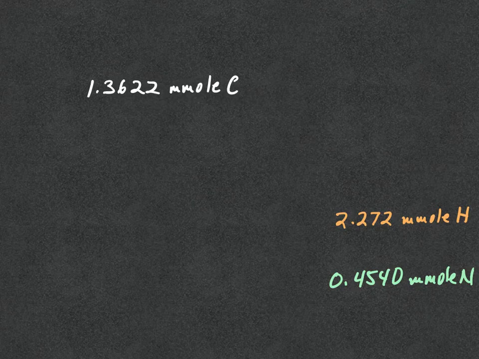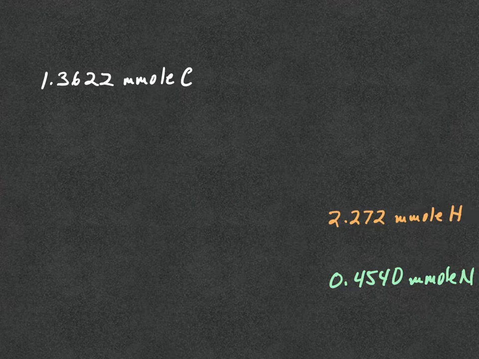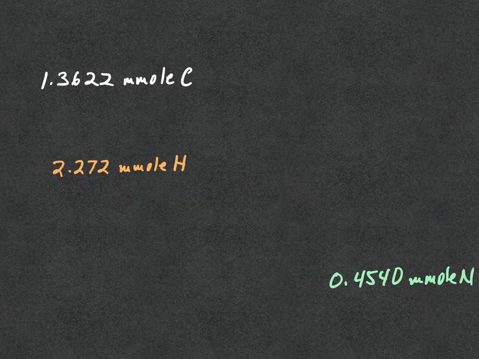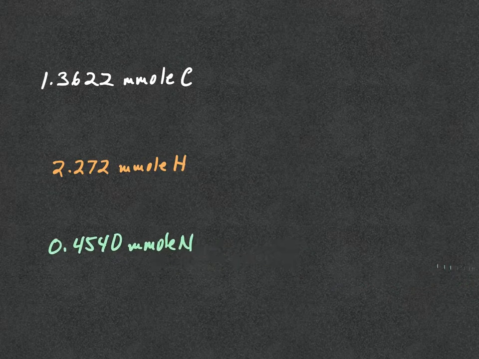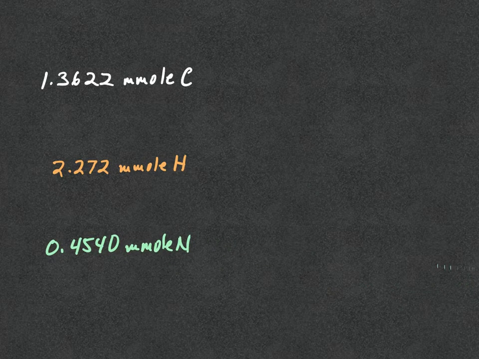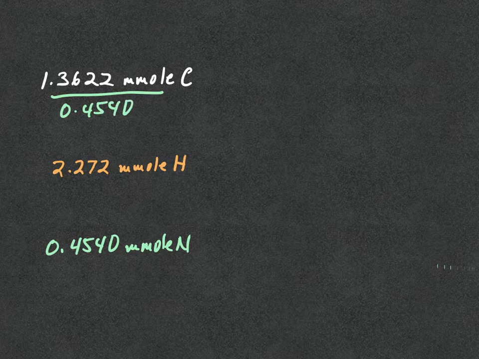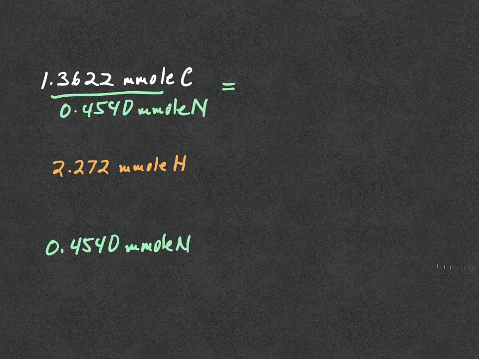So let's move these where we have some space to work. And so we're going to take our 1.3622 millimoles of carbon and divide it by our 0.4540 millimoles of nitrogen.